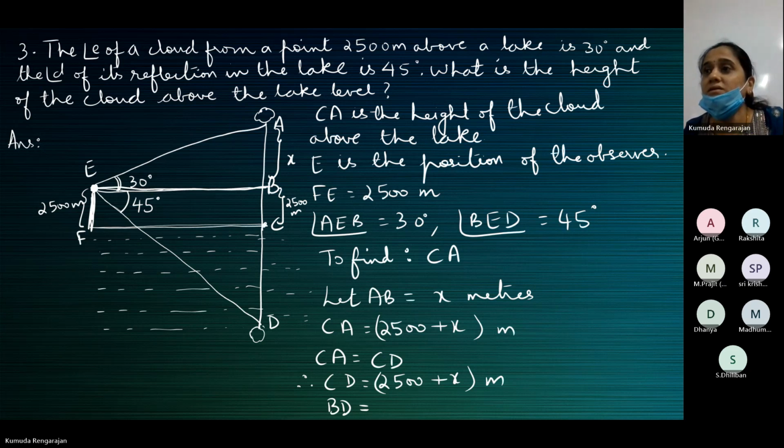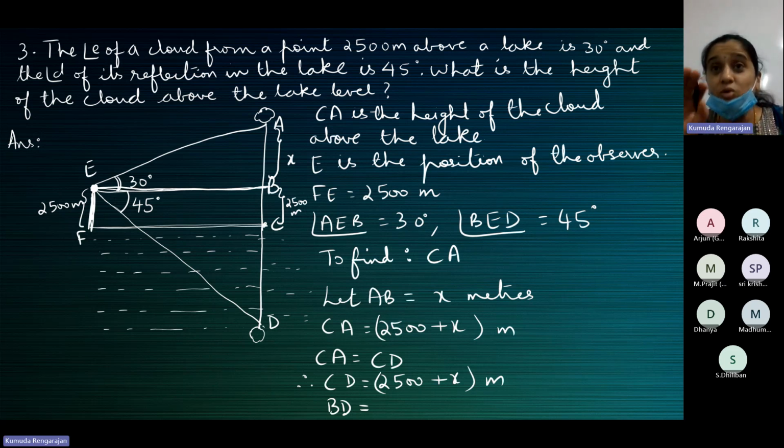What is BD? That is a very common mistake. I like it when children make that mistake so that you don't do it in the exam. So my question is how much is BD? And for that your answer was X plus 2500, right?